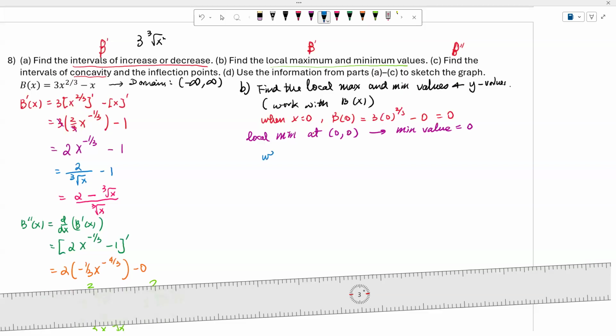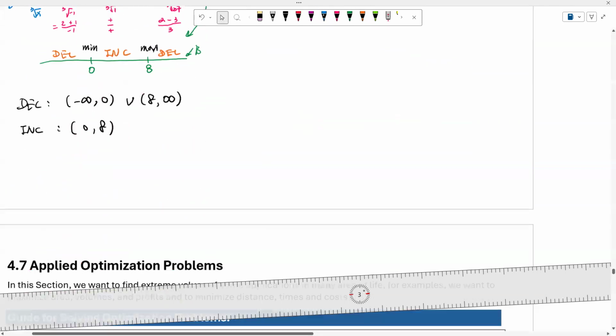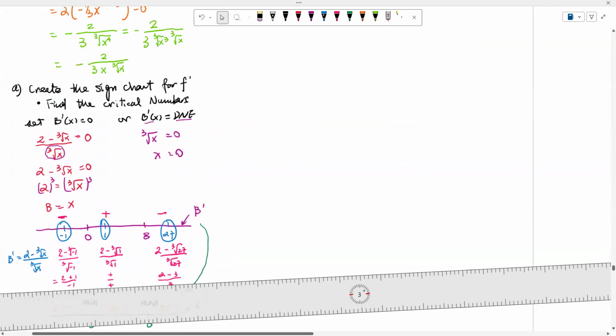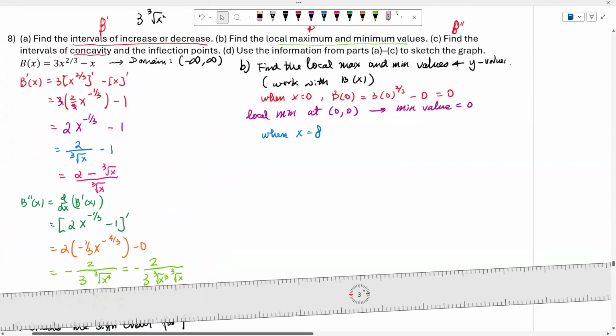Then now, when x is equal to 8, we have a local maximum. So I have b of 8 is 3 times 8 raised to the power of 2/3 minus 8.